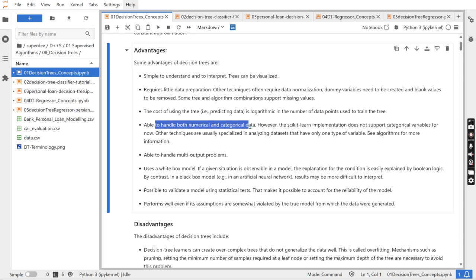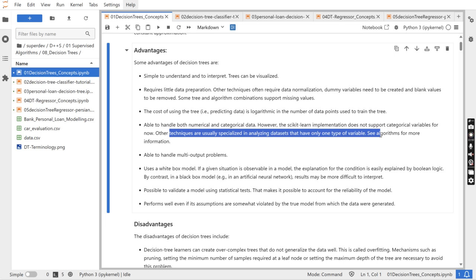They can handle both numerical data and categorical data. For parametric methods, you have to convert your categorical data into numerical data, but here you don't have to. With other methods, you take one variable and make some modifications to it, but decision trees can work well with categorical data.